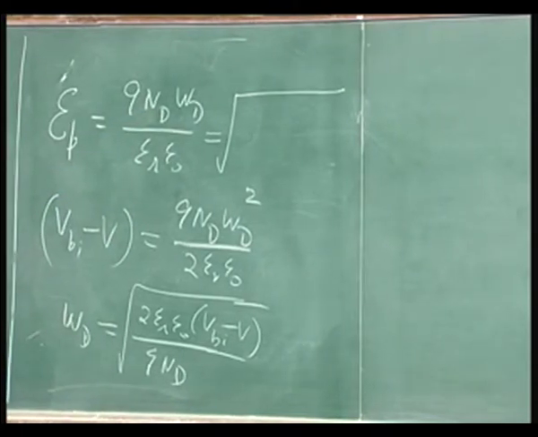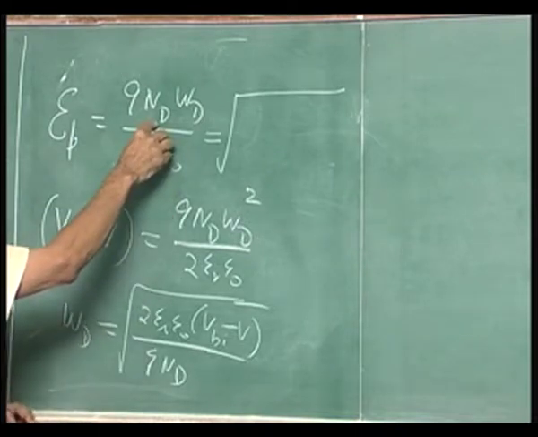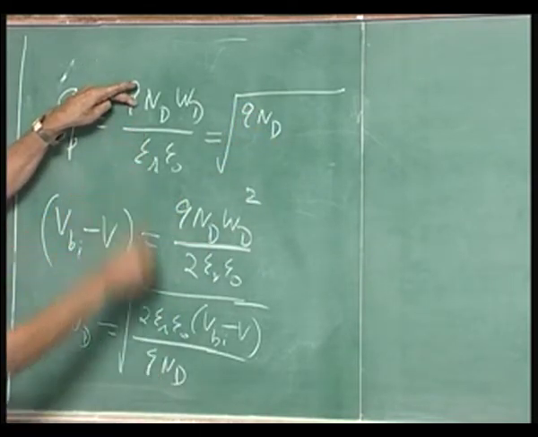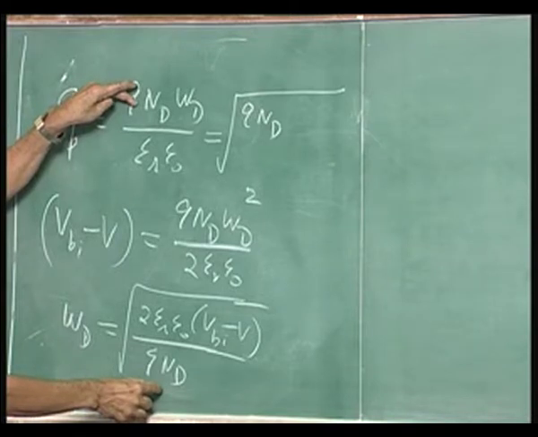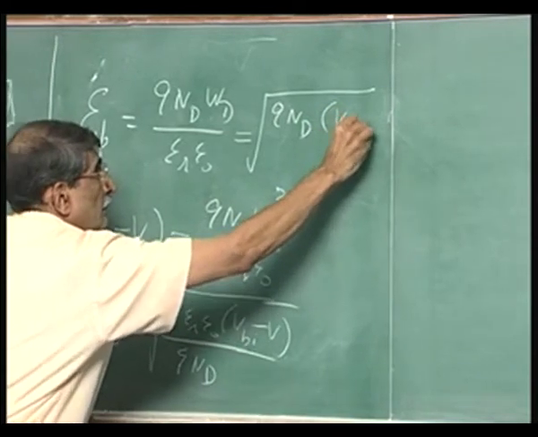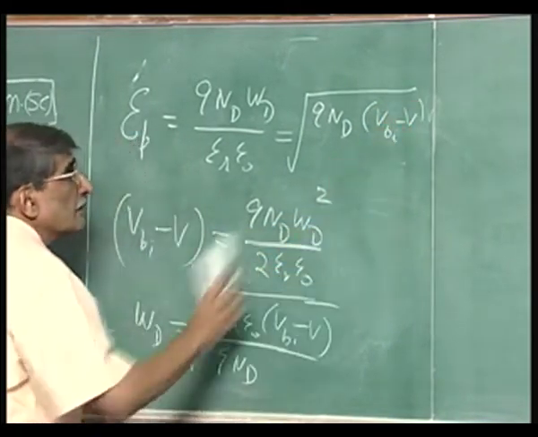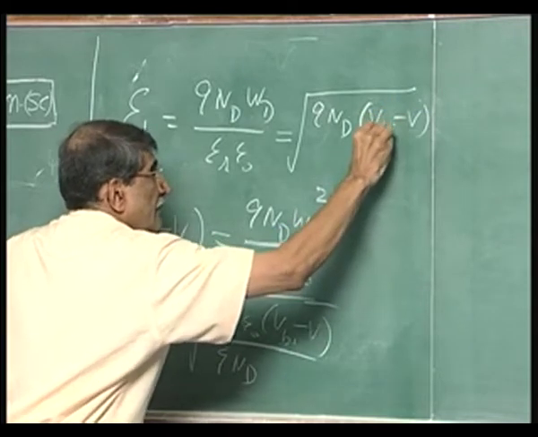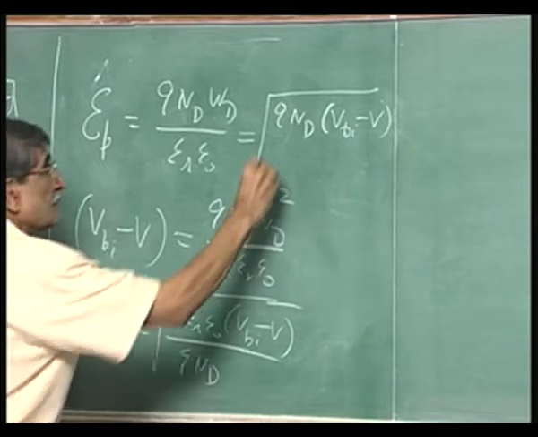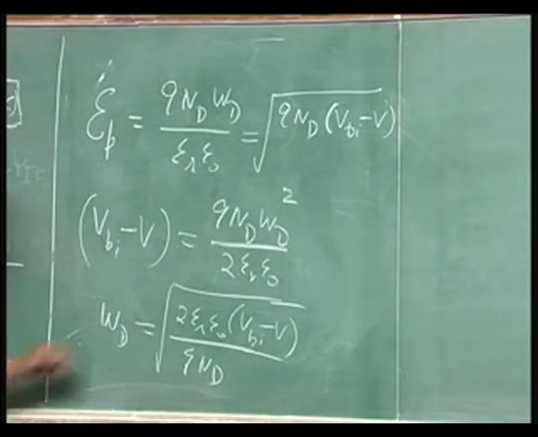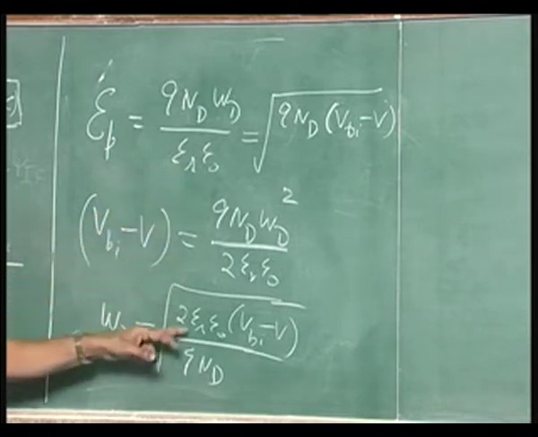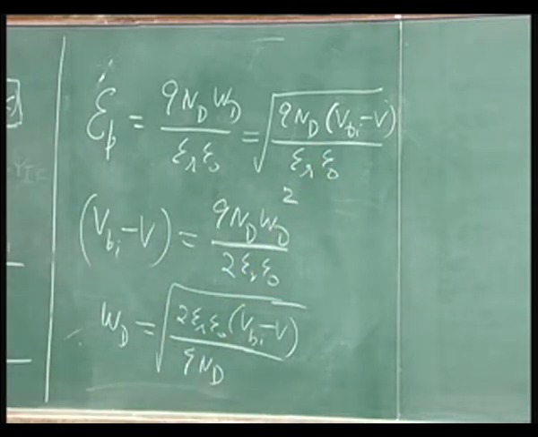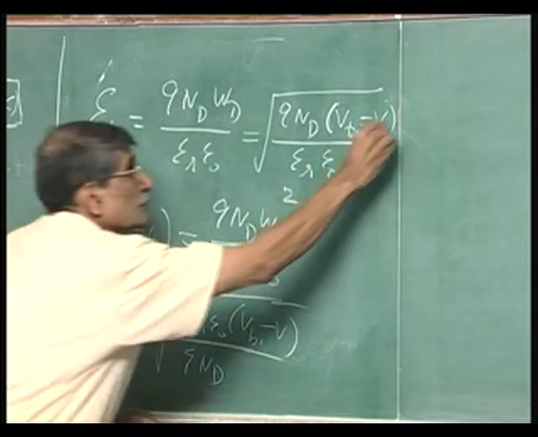So, that becomes equal to root of this, and that cancels there, q and d, and square root of that, root of q and d, into V b I minus V, divided by, this is the denominator, this is the numerator, epsilon r epsilon 0, into there is a 2 term, that term, that is 2.